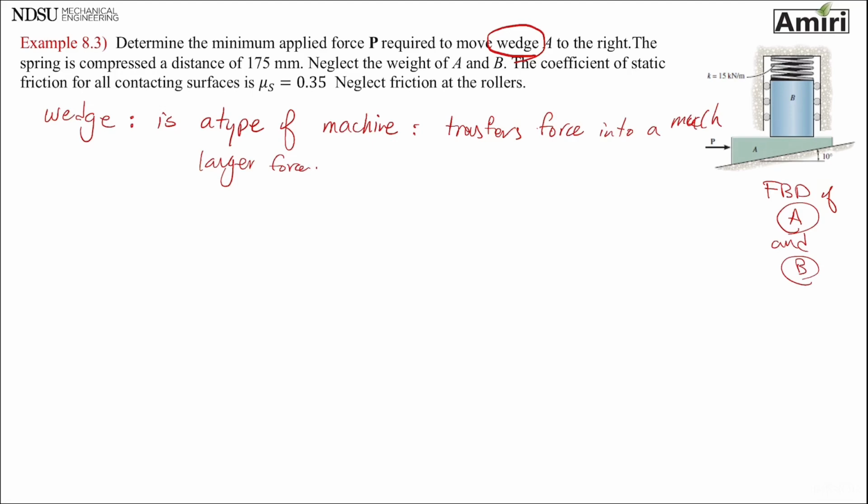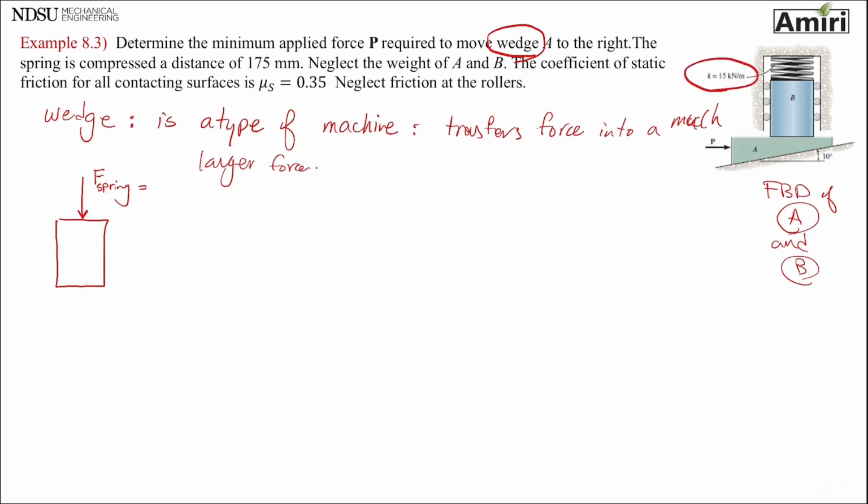Okay, let's start with B. Isolate. Put active forces on it, which I only see a compression that comes from a spring. Which is how much? Let's see.